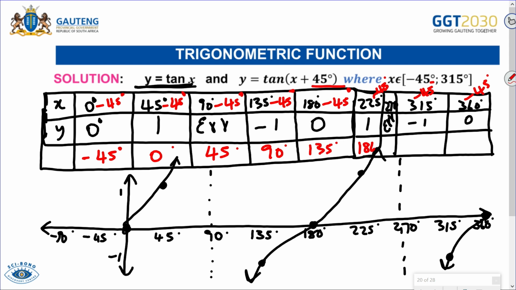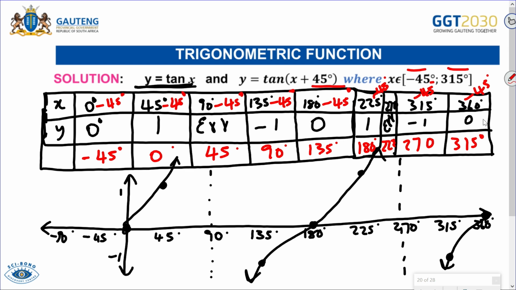And then I'll have 180. And then at 270 minus 45, we'll have 225. And then at 315 minus 45, we'll have 270. And then at 360 minus 45, you'll have 315. So your graph here is drawn from negative 45 to positive 315, ne?